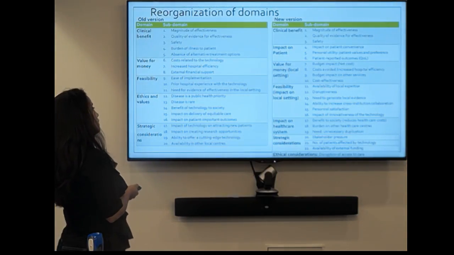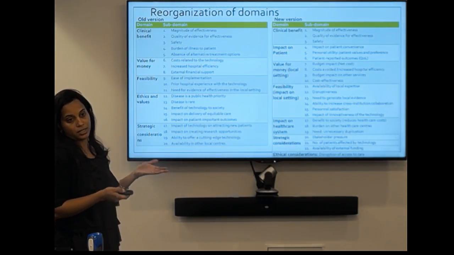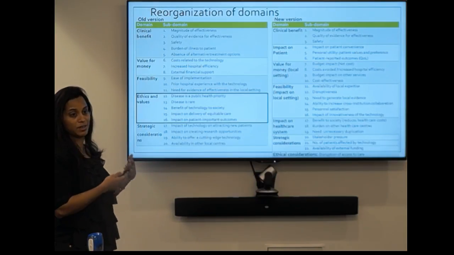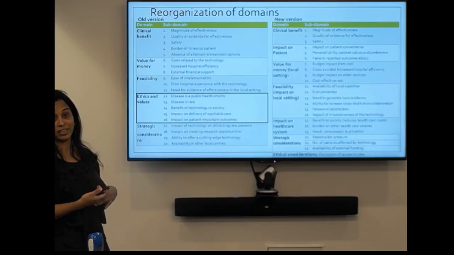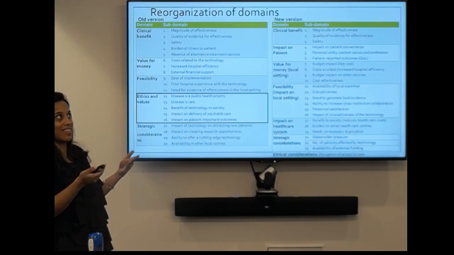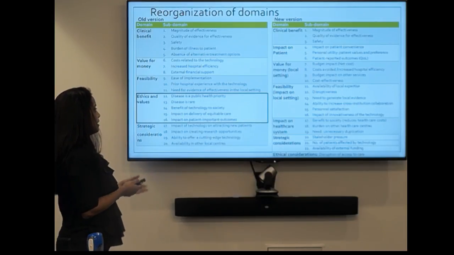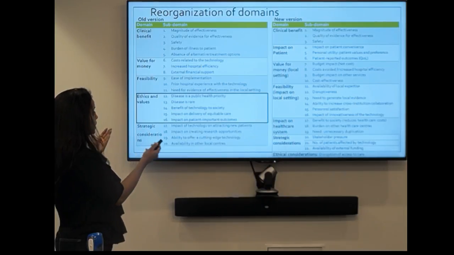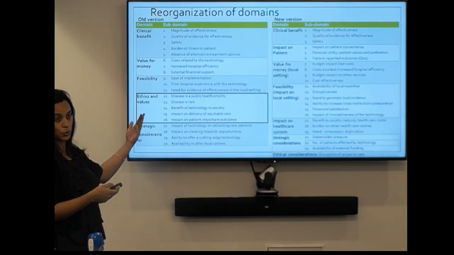And so, what we did was we reorganized our domains because, as I mentioned, ethics and values was a nebulous concept, and that was very clear from the feedback we got because it was hard for people to pinpoint what exactly are the ethical considerations in these criteria. And a lot of people said that these also are pertinent to other domains.